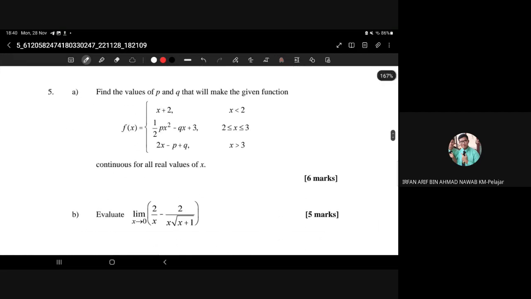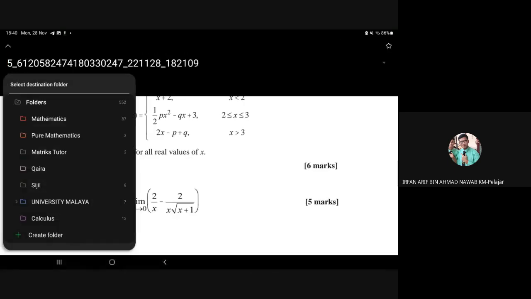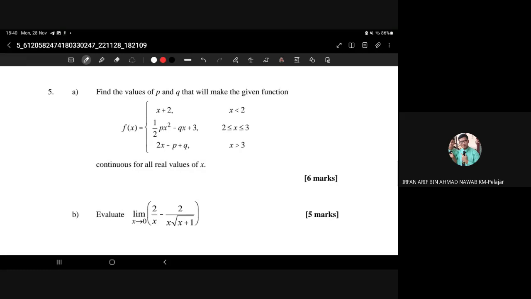You can screenshot it first, or check your file and save it. This will be the question that we will be discussing next class. Let me save the file first before I forget. I usually forget. Yeah, this one. Next class we will be discussing this.